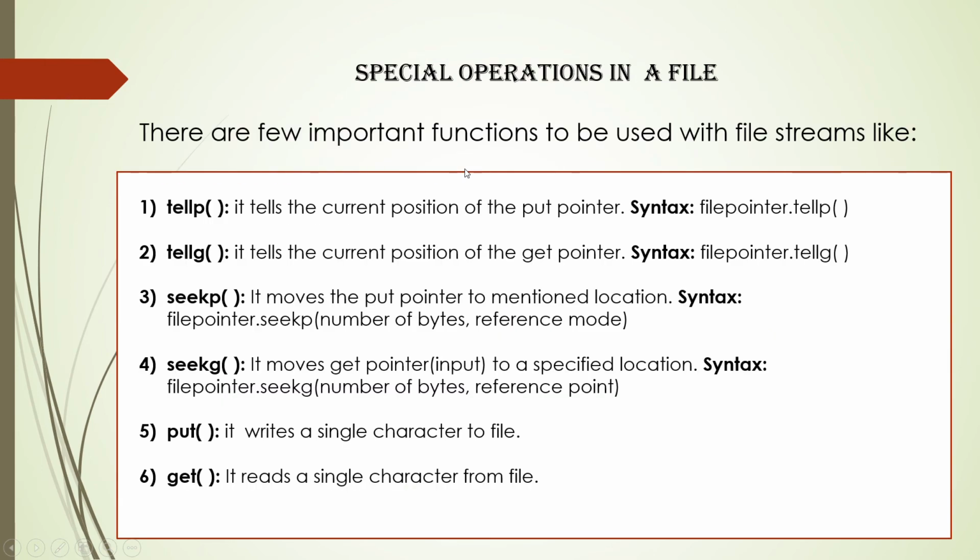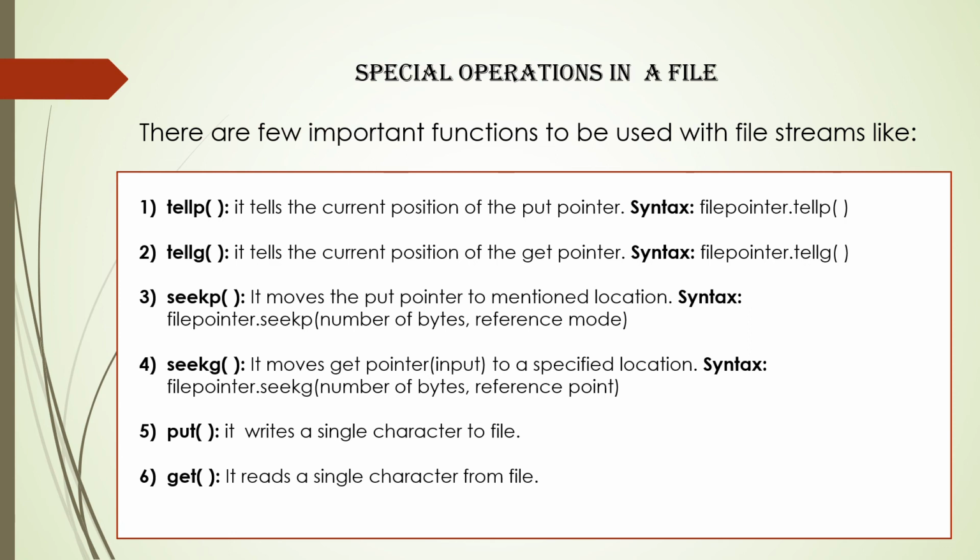So there are some more special operations in a file. As of now, just see what all these are and what their meanings are for a better understanding. First is the tellp function. It tells the current position of the put pointer. The syntax is file pointer dot tellp. Second is the tellg function.